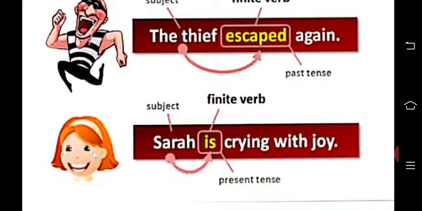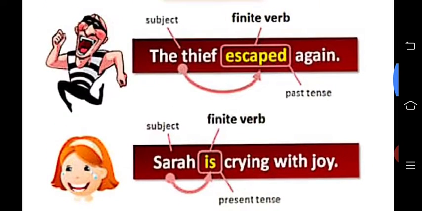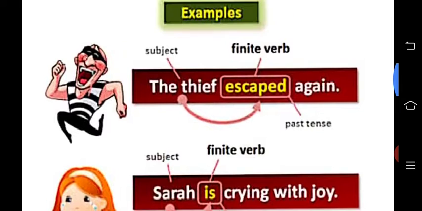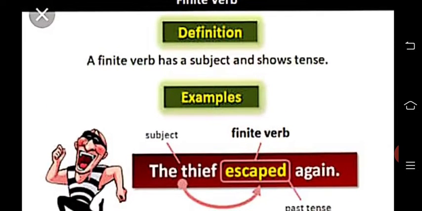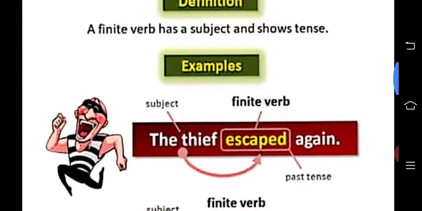And which one is the finite verb? Is. And it shows the verb form. It's a present tense. Sarah is crying with joy. So I think you're clear enough. So a finite verb has a subject and it shows the tense form.